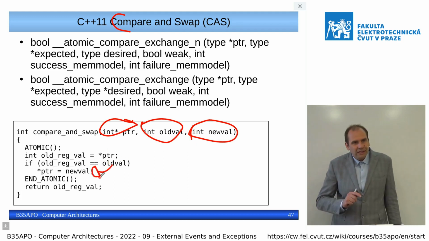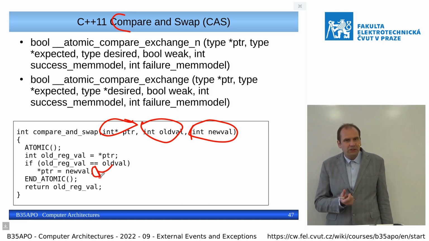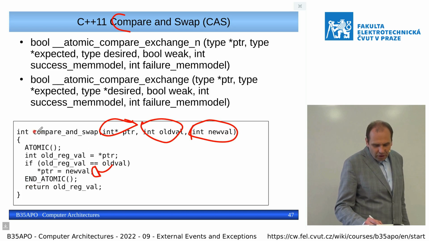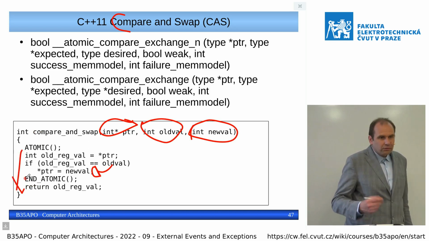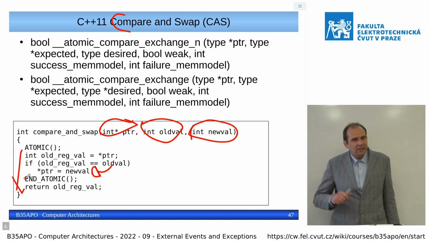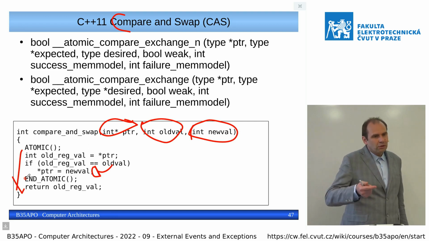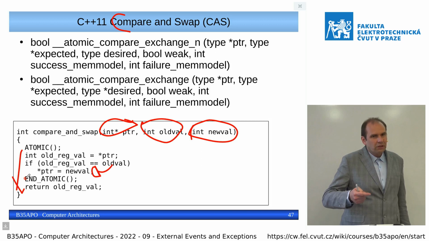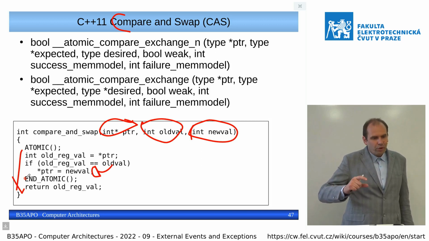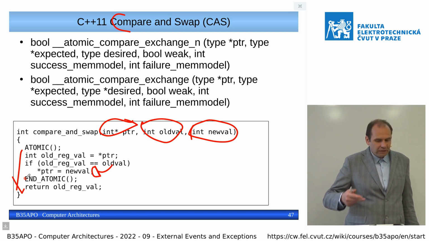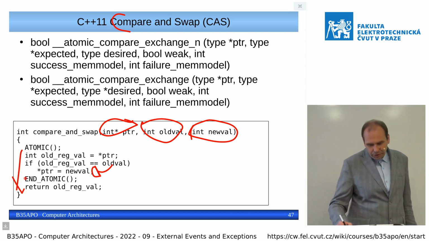If somebody else has already modified the location in between, then the operation fails, and you know somebody else has tried to do something there. So basically, I need to read a new value from that location, do a new attempt to compute my increment or something, and then attempt again to store the value.